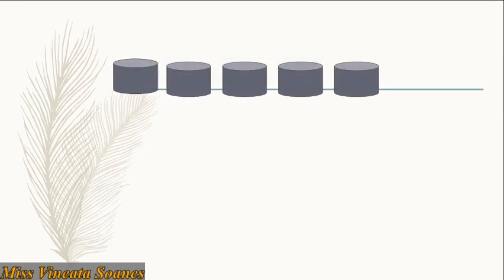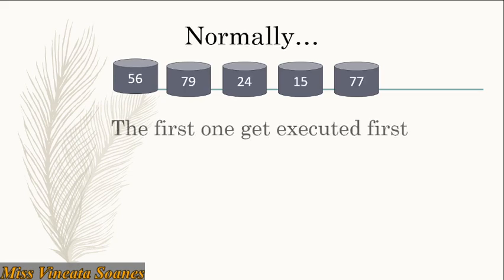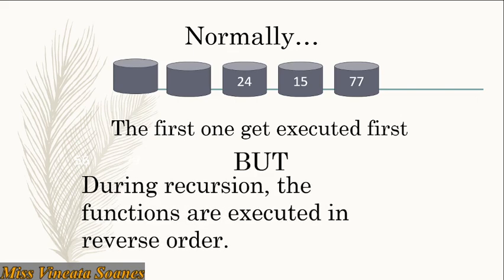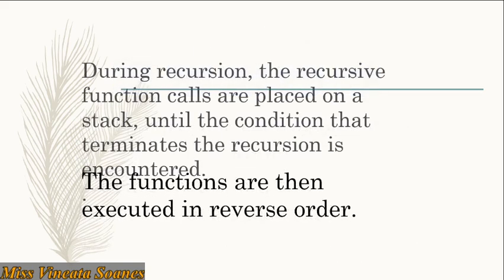Now a little about how these things are being stored, okay. Normally when you store a number, when you execute them, usually it comes in this way: whatever you have put, the first one will get executed first. But when you do this with a recursive function, that is recursion, the functions are executed in reverse order. Why?